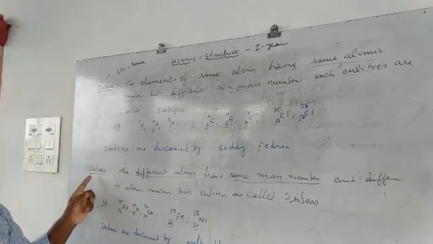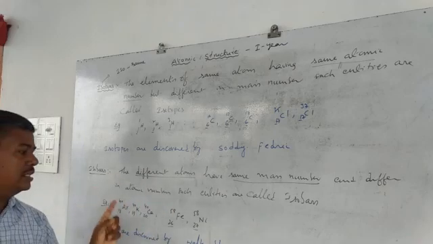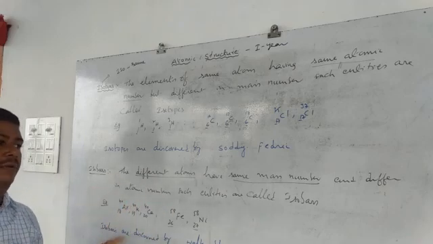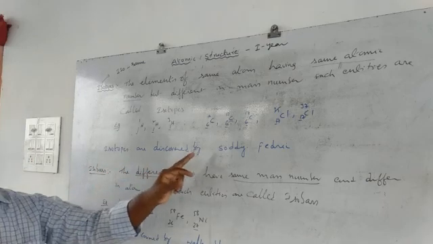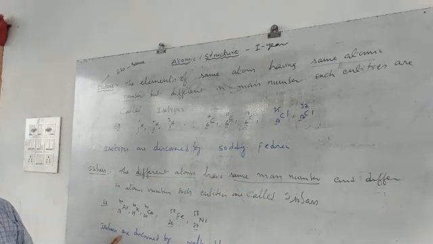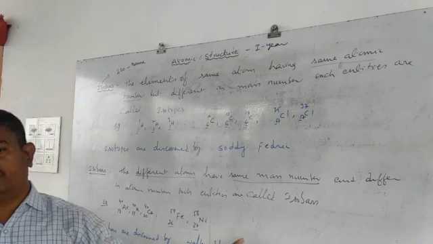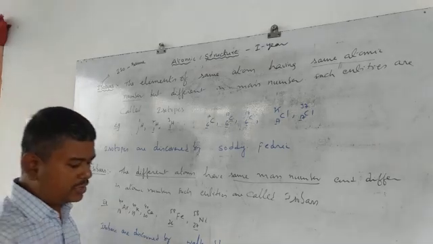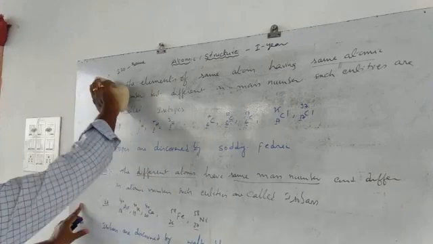Isotopes. Whereas isobars means atoms of different elements having the same mass number and different atomic numbers, such are called isobars. Isotopes were discovered by Frederick Soddy, and isobars by Walter Stewart in 1980. Okay, so that's about the species of which one? Isotopes and isobars.